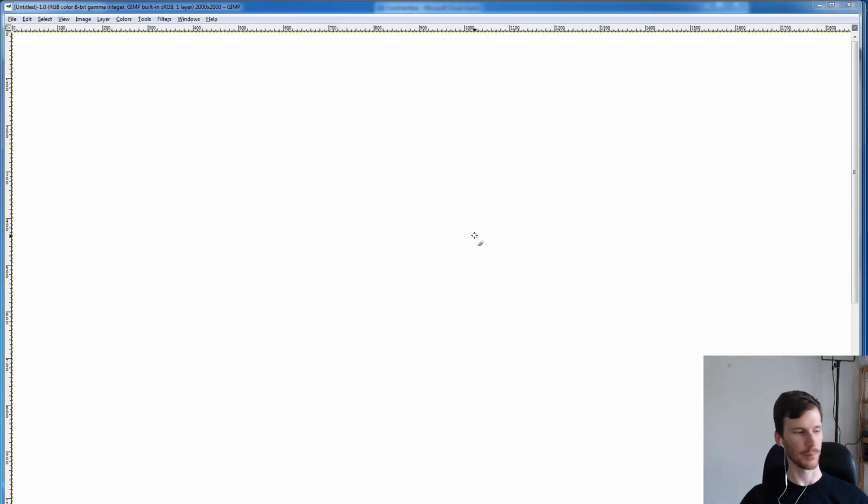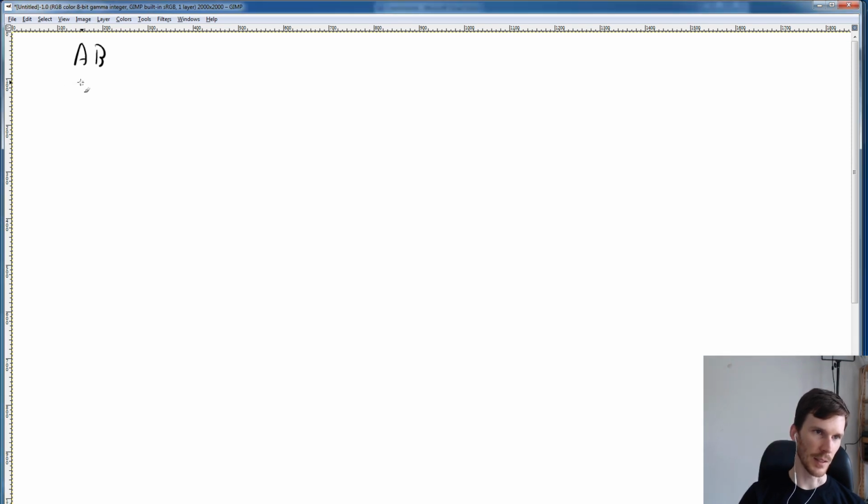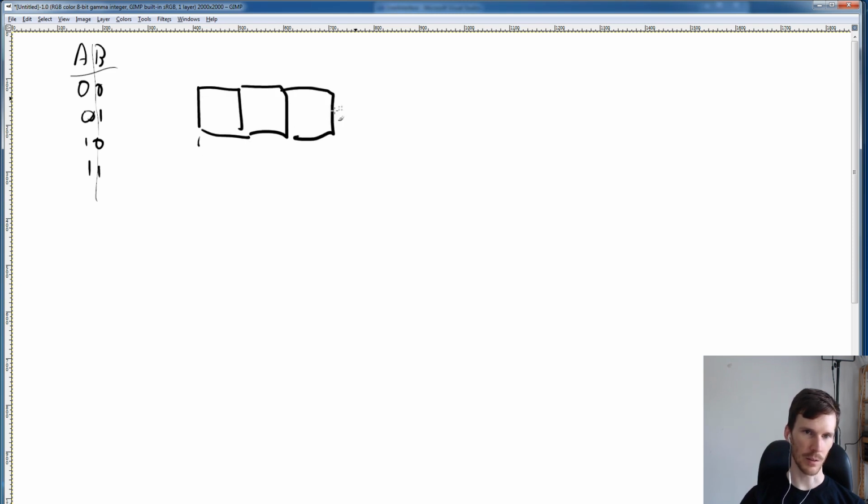Let's say we have 2 bits, bit A and B, and 0,0, 0,1, 1,0, 1,1. There are 4 possible combinations of these 2 bits. That tells us we have 1, 2, 3, 4 pigeonholes, effectively, so 4 outputs that the hash value can be. And we want to calculate the odds of a collision.